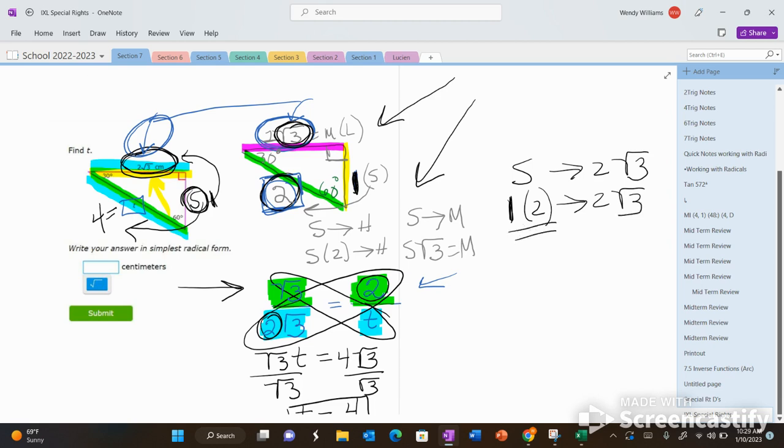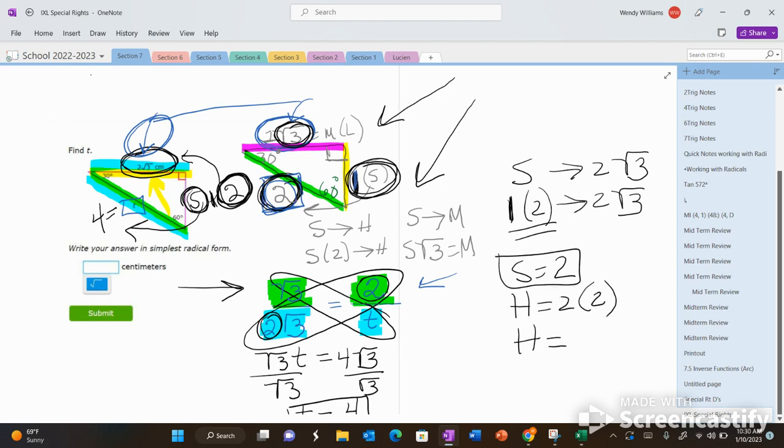So the small had to be 2. And what is the relationship between the small and the hypotenuse? It was a 1 to 2 ratio. So if we take the small, which is 2, and multiply it by 2, we get the hypotenuse, which is 4.